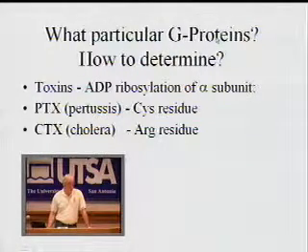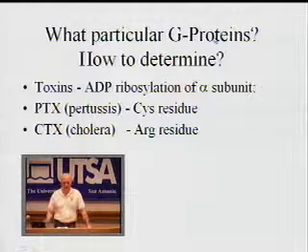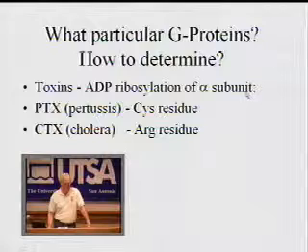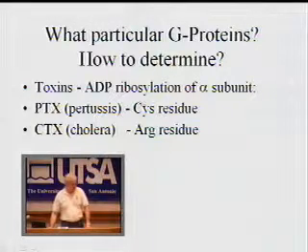So next we might ask what particular G proteins. So if we activate G proteins, we get all that stuff happening, and we ask ourselves, how would we determine which particular G proteins? Well, this is where these toxins that cause ADP ribosylation of the alpha subunit of the G proteins become useful.